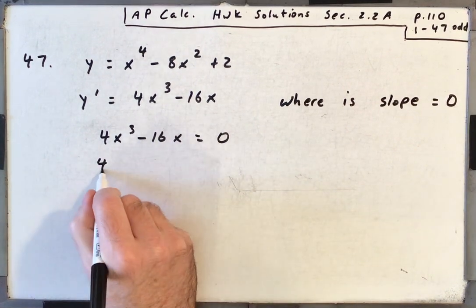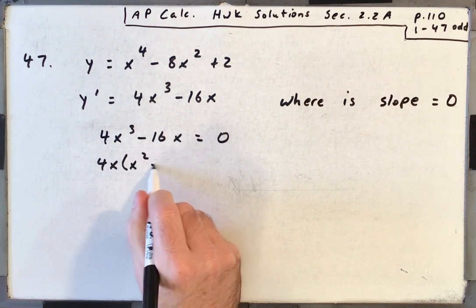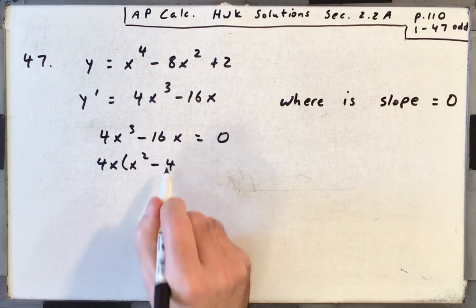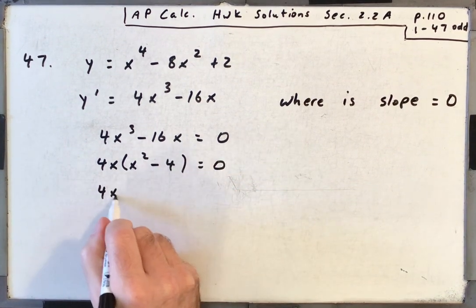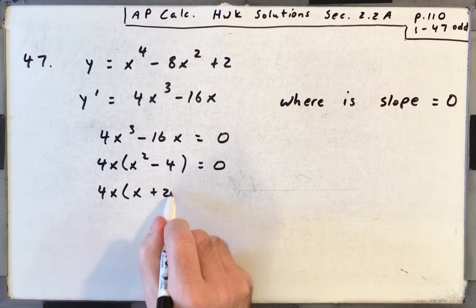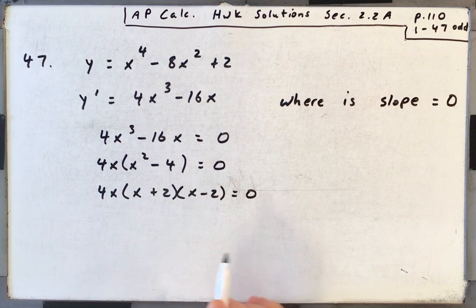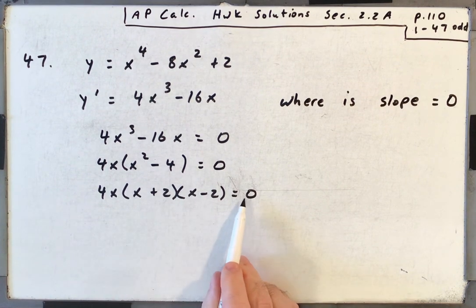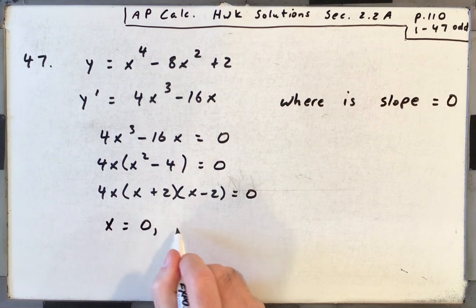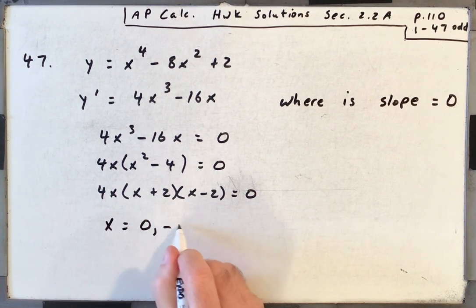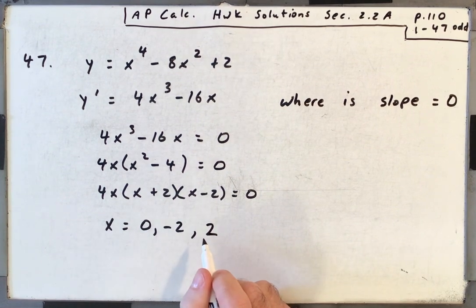Let's factor out a 4x, and I'd have x squared minus 4 is equal to 0. That's 4x times x plus 2 times x minus 2 is equal to 0. What are the three values that would make this 0? It's x equals 0, x equals negative 2, and x equals positive 2.